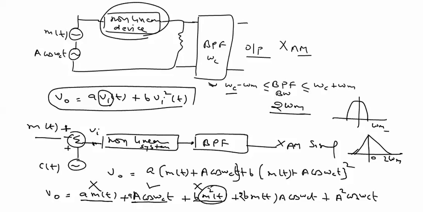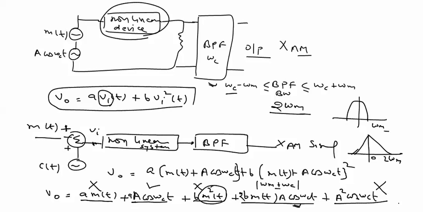This term also can't be selected. This term, omega c plus minus omega m, is desirable, and the multiplication term is also selected. Double of omega c is not selected.